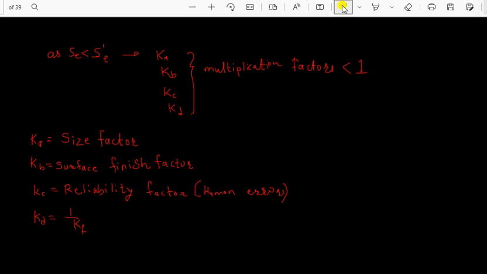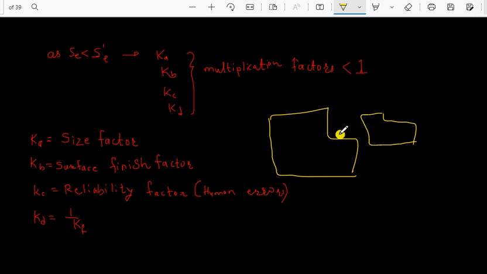If two components are of different size, then how their endurance limit will change. Let us say these are two components. Depending on their size, this is the larger one and this is smaller. This Ka factor will take care of this size, so it is known as the size factor.